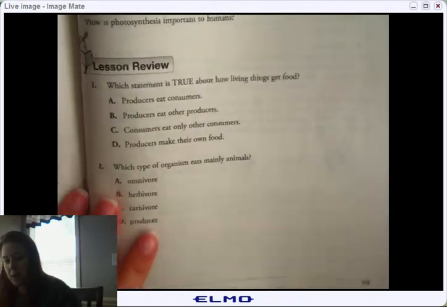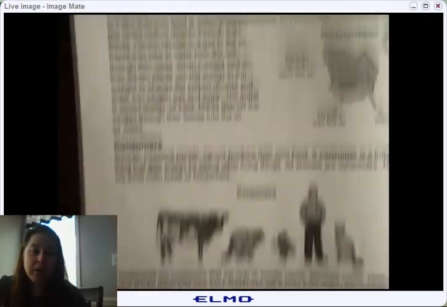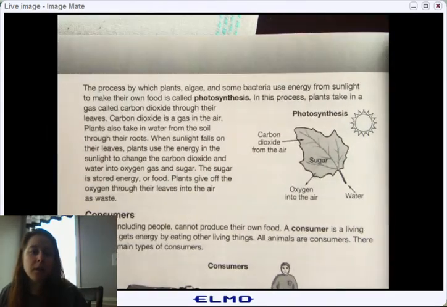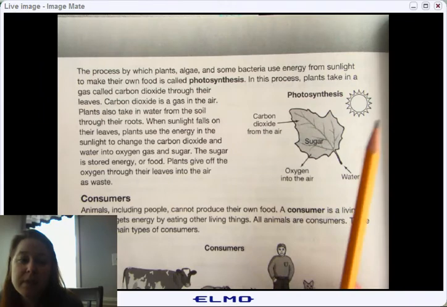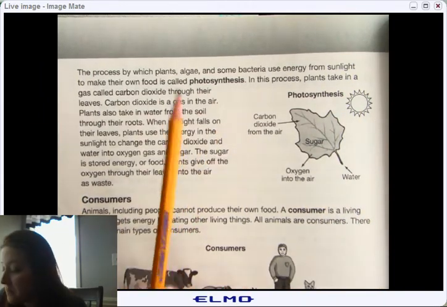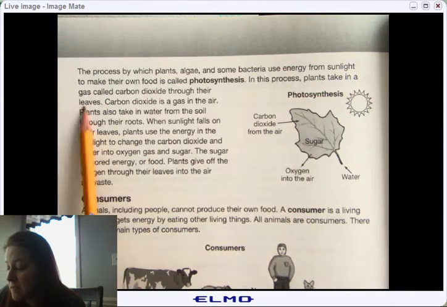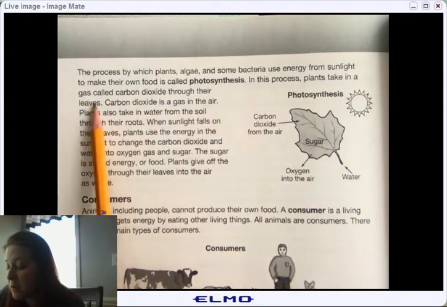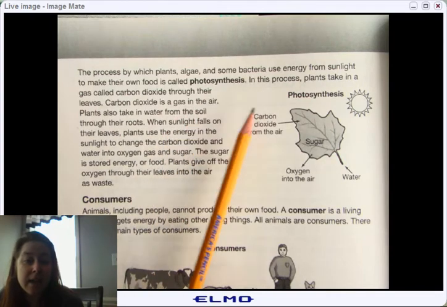We're going to go over here to page 112. The process in which plants, algae, and some bacteria use energy from sunlight to make their own food is called photosynthesis. In this process, plants take in the gas called carbon dioxide through their leaves. Carbon dioxide is a gas in the air.